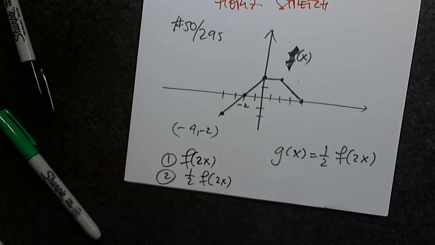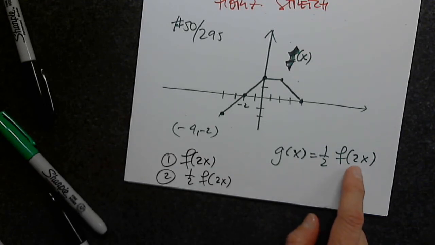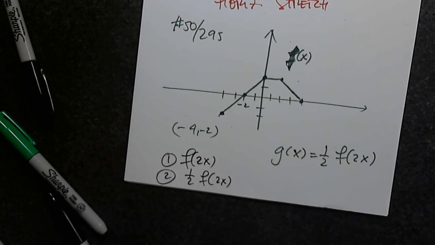What am I supposed to do when I graph f of twice x? Remember, it's the opposite of what you would expect every time you change x into twice x or x into 1/2 x or 1/3 x or 1/4 x. Horizontal shrinking, by a factor of 2. Of course, that's not going to be shrinking by a factor of 1/2.